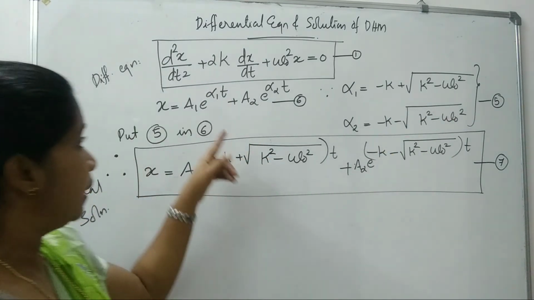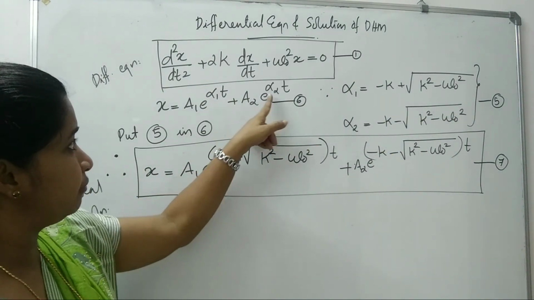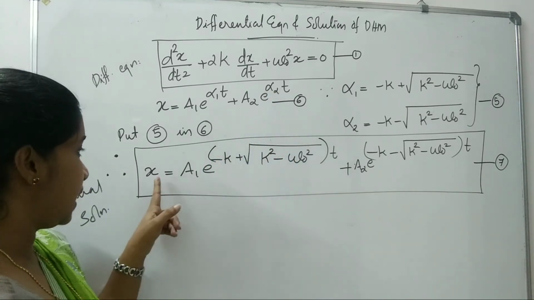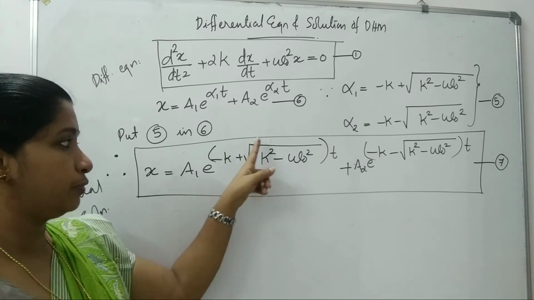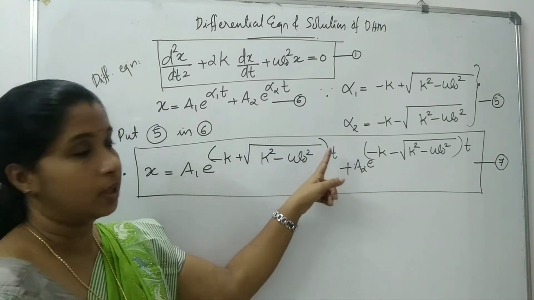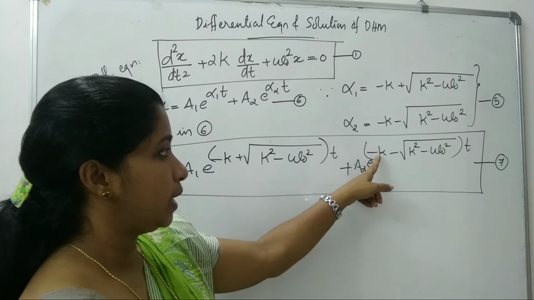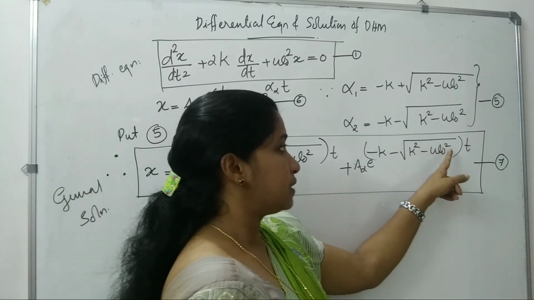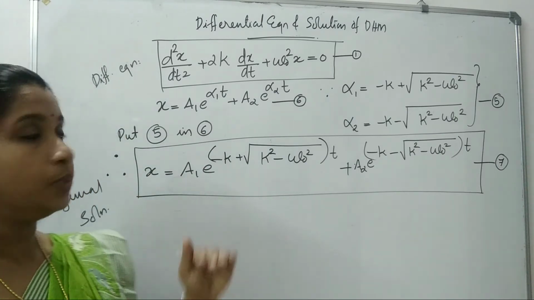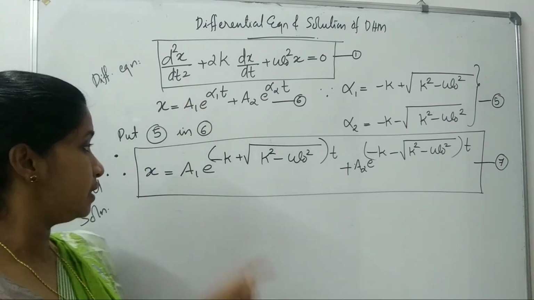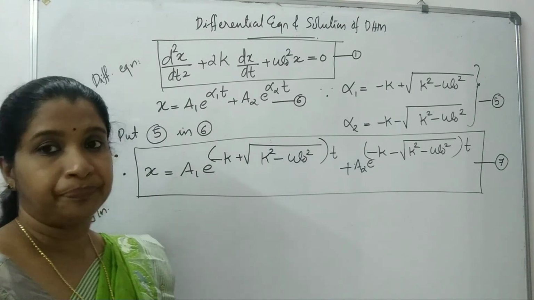So we put the values of alpha 1 and alpha 2 in equation 6. We get x equal to a1 e raised to minus k plus root of k square minus omega 0 square into t plus a2 e raised to minus k minus root of k square minus omega 0 square into t. So we get the general solution of this differential equation as this equation number 7.